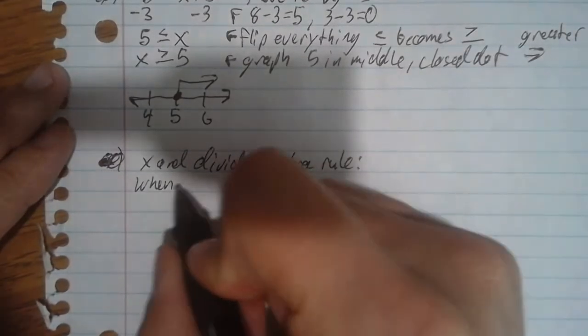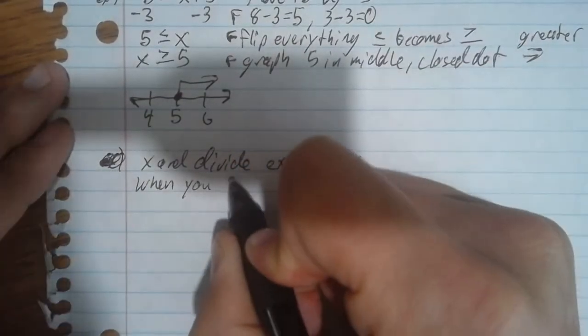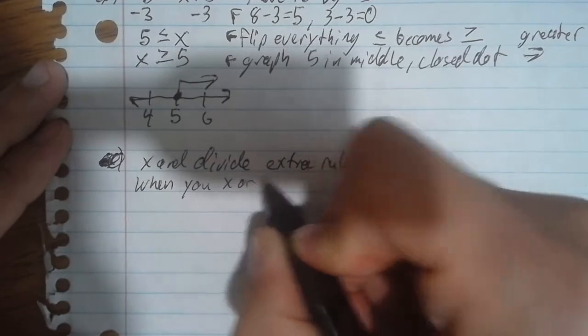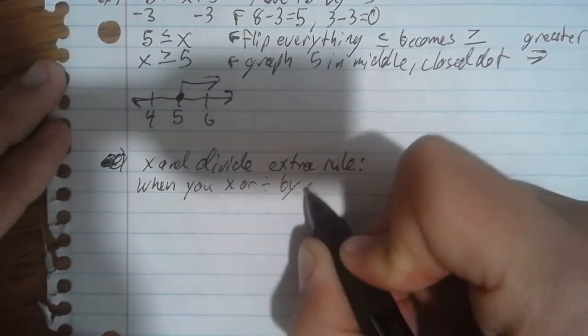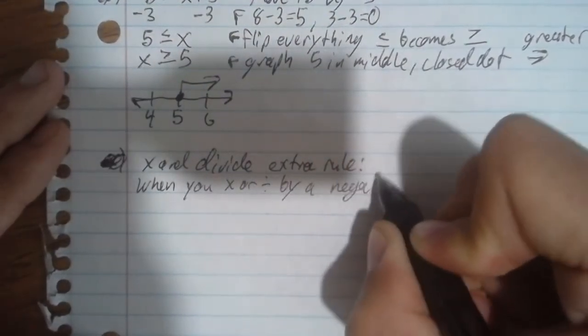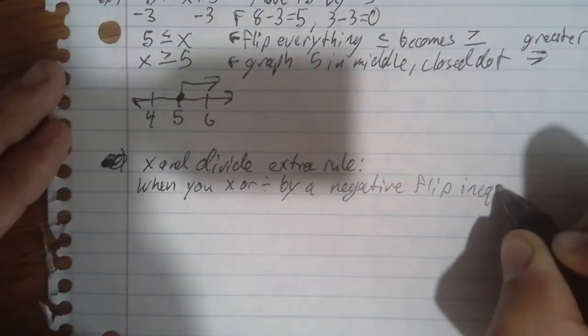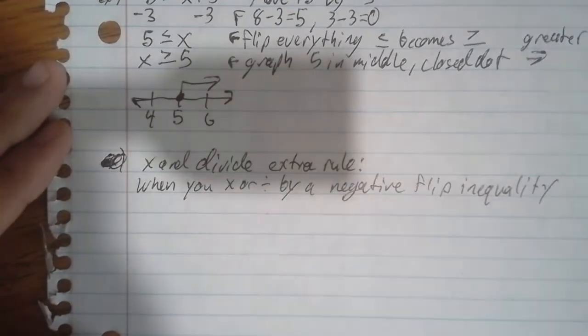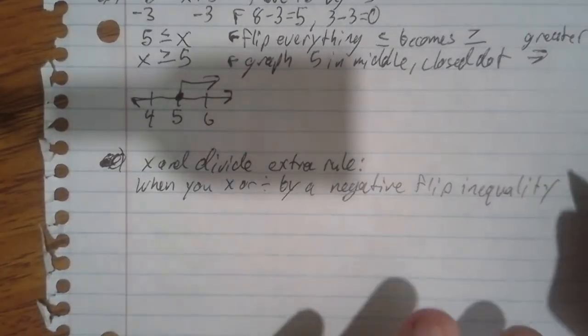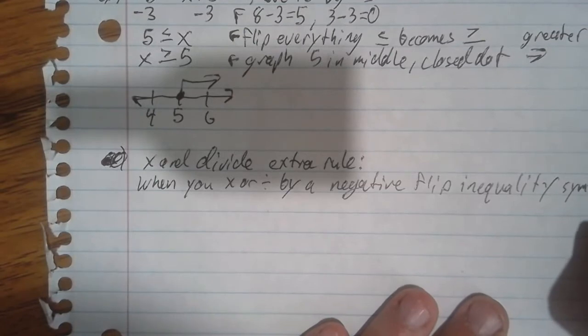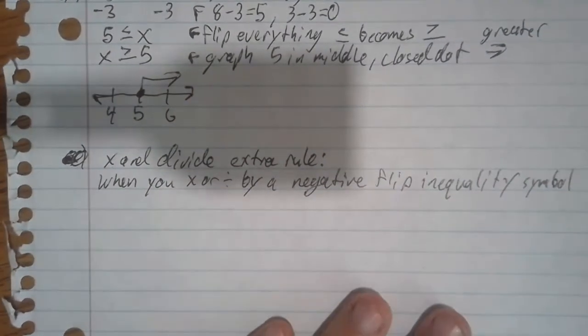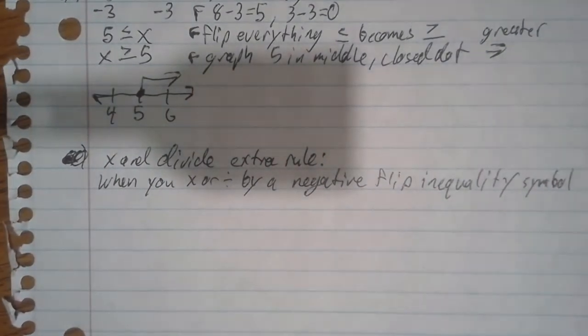When you multiply or divide by a negative, flip the inequality symbol. We're not going to flip the whole inequality, we're just going to flip that symbol. And we'll go ahead and start right off with an example with that.